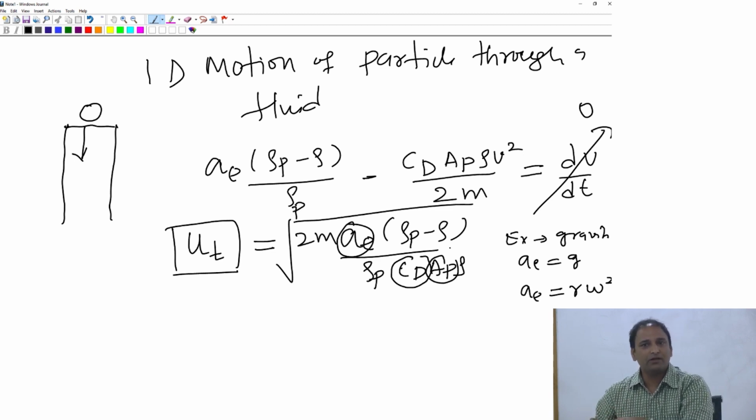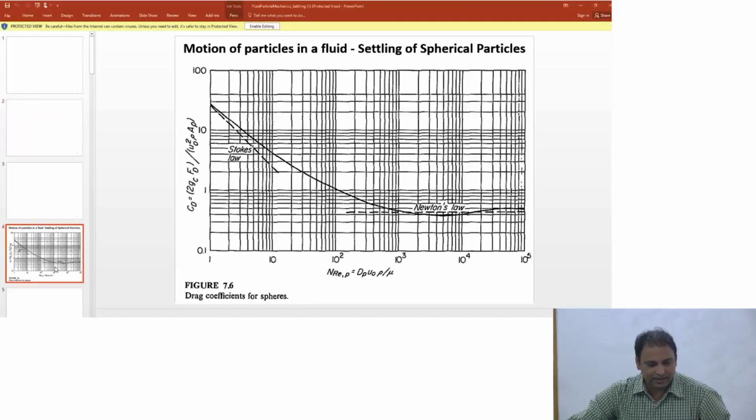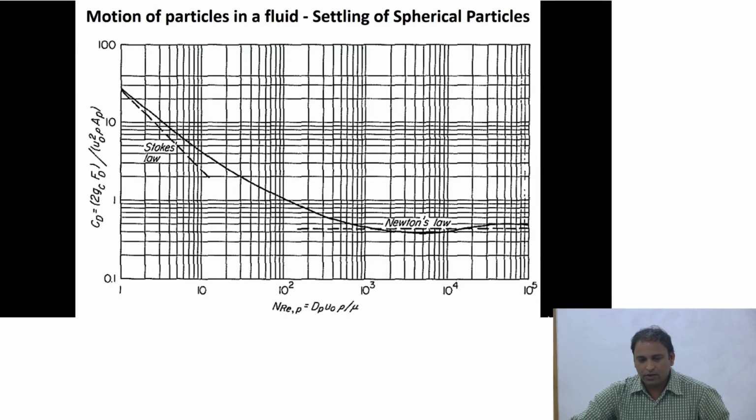There are certain parameters that depend on the particle and certain parameters that depend on the fluid you are considering. To simplify, we would have to look up things like this. This is an example where the drag coefficient C_D is plotted on the y-axis versus Reynolds number on the x-axis.